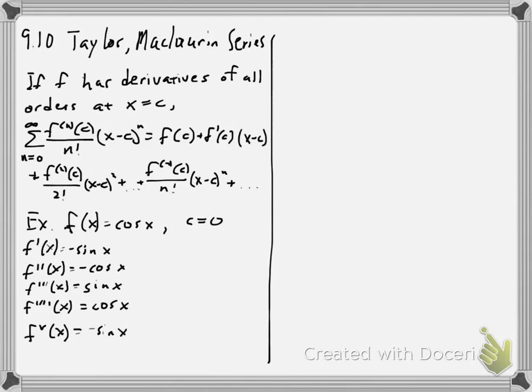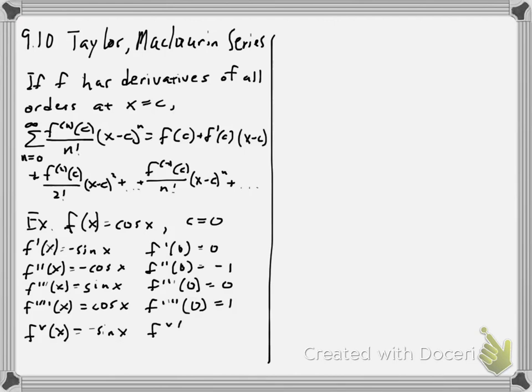What we want to do is evaluate these at 0. Well, f of x at 0 is 1. F prime at 0 is 0. F double prime at 0 is minus 1. F triple prime at 0 is 0. The fourth derivative at 0 is 1.